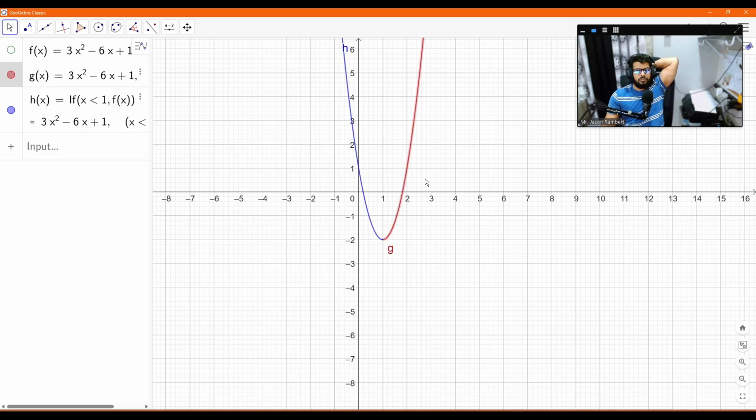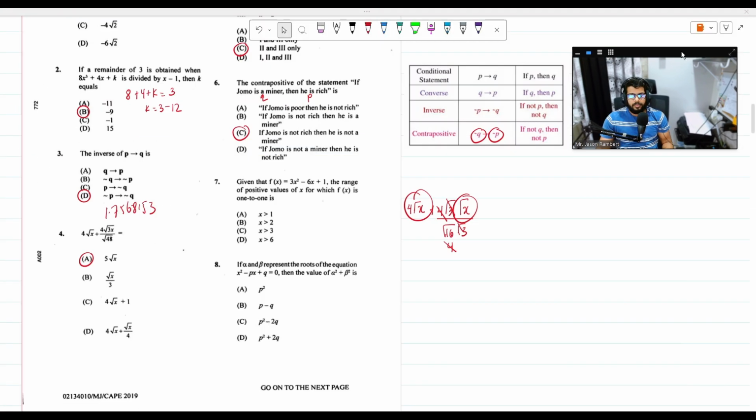In order to know the domain for these two, I either need the axis of symmetry or the x-coordinate of the minimum point. To cater for all types of questions, we're going to calculate the x-coordinate of the minimum point. So I'm going to differentiate to get 6x minus 6, put it equal to 0.